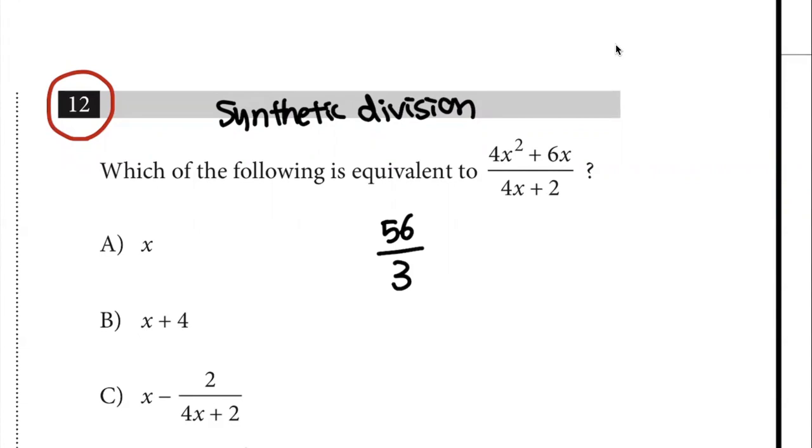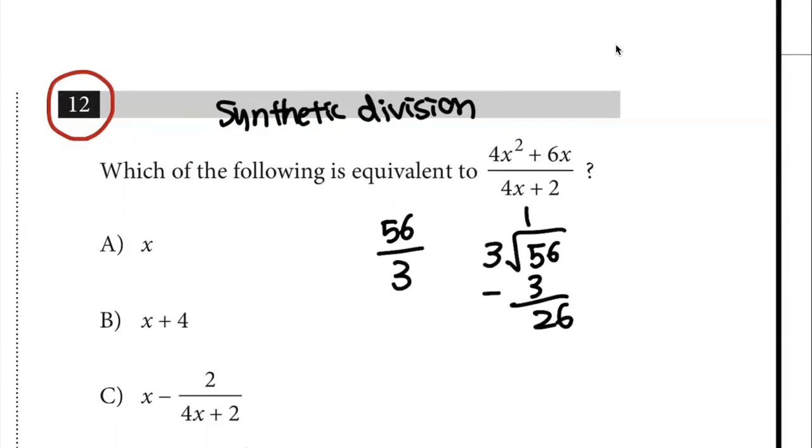What you would do is write something like this and see how many 3's go into 5. 1, and then you go on, right?